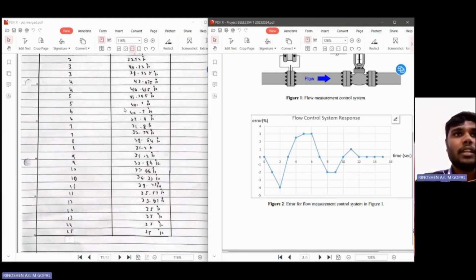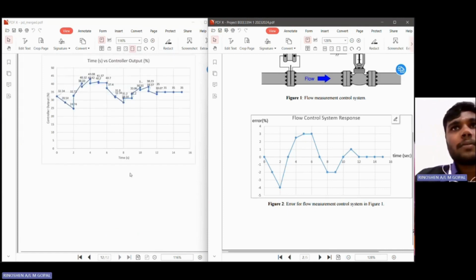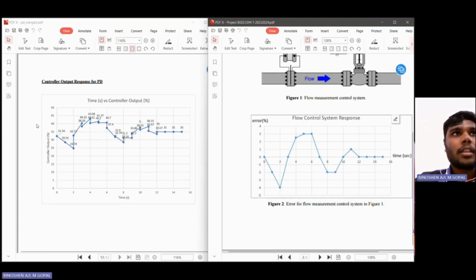We got until 11 like that, and after 11, continuing from 12, the percentage is the same. When we compare to the graph, when we get the negative slope the controller output decreases, and when we get the positive slope the controller output also changes. Each second from 2 to 12 seconds has two values.